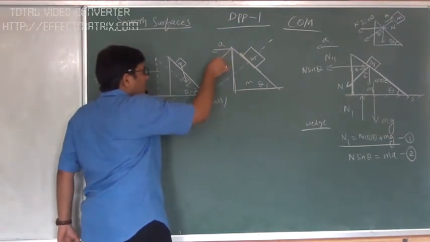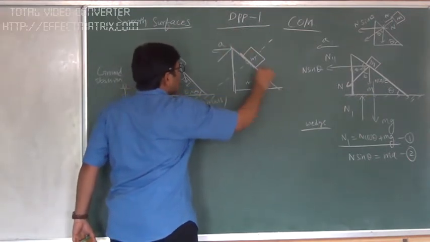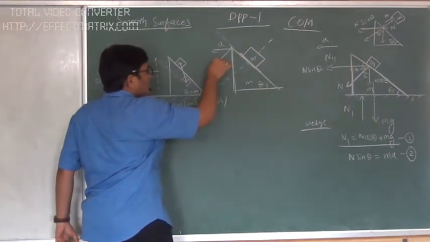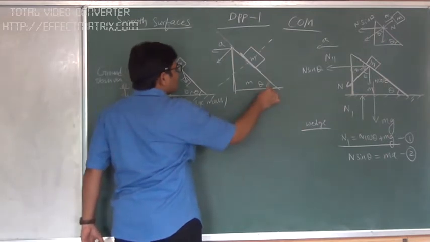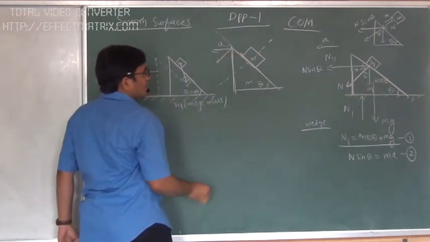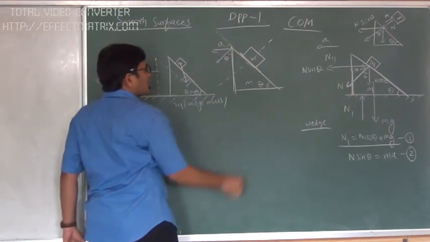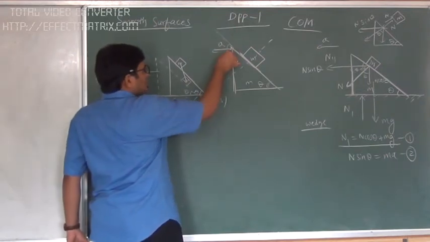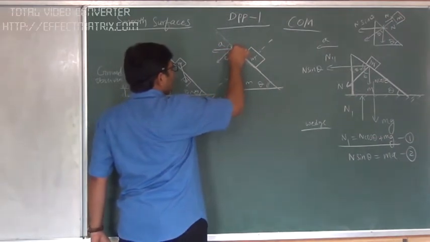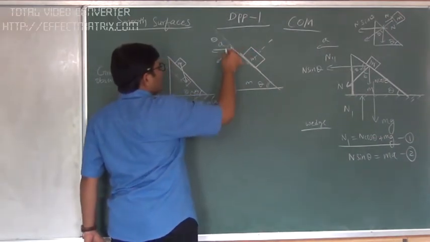You draw a perpendicular like this to this surface. If this is theta, what is this other angle? Theta. So now you can say, this is A, this is A, this is theta.